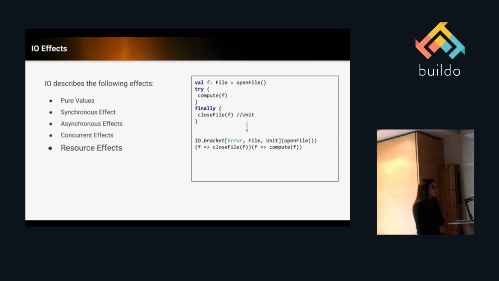You can also describe resource effects using IO.bracket. Instead of calling try finally, you can put the acquire function and then the release function, and after that you can do your computation using the acquired resource, like open file.